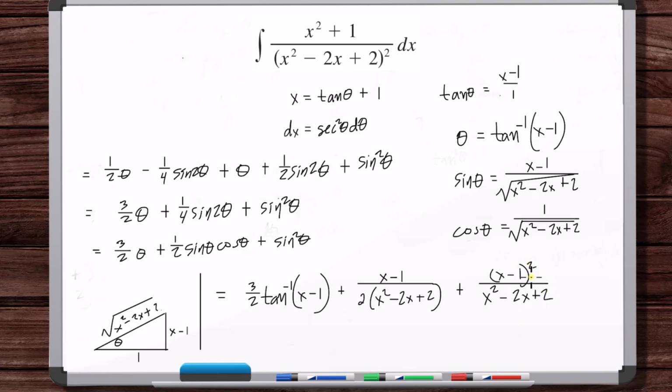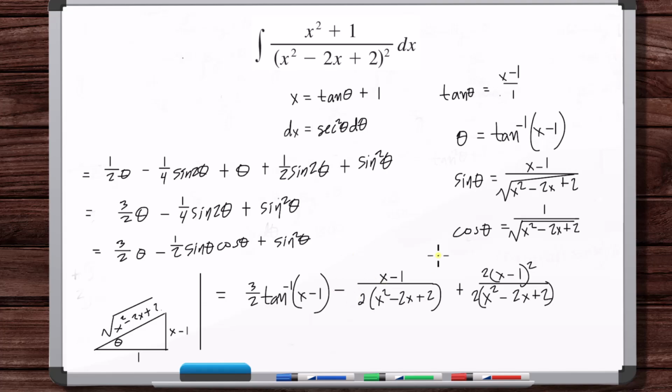Now what we could do is, actually, I'm missing a minus sign here. So there'd be a minus sign here.